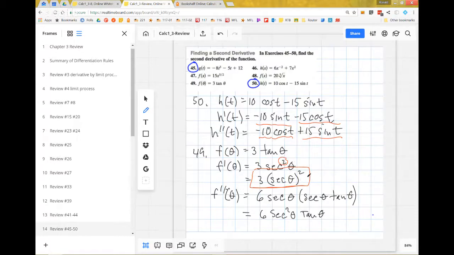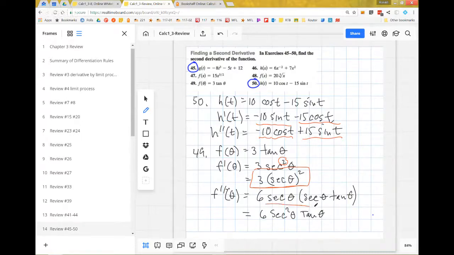Anyway, so now the second derivative, we got to use the power rule. 2 times 3 is 6. Reduce the power by 1, so then it becomes the secant. But now we got to do the chain rule, because secant theta is our inner function, and the derivative of the secant is secant theta times tangent of theta.